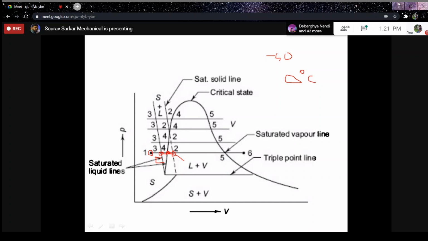This is the line where the liquid is just about to boil. Boiling will start at 100 degrees Celsius and end at 100 degrees Celsius, when the complete liquid is converted into vapor. Any doubt up to this much? Is it clear now?